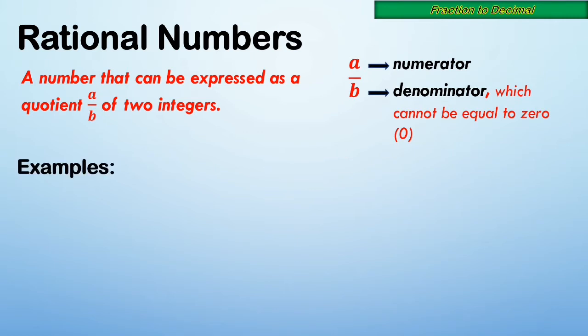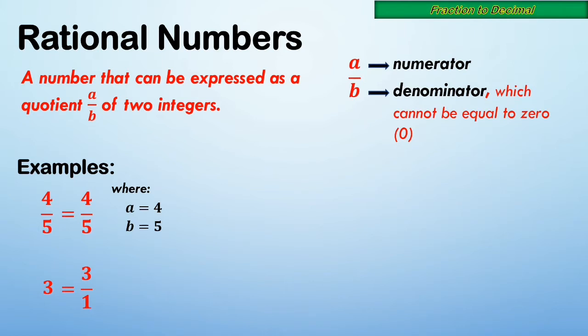Now, example of our rational numbers or a fraction, we have 4/5, where a is our 4, which is the numerator, and b is 5, which is our denominator. And remember, our denominator is not equal to 0. Kapag maging 0 yan, then hindi siya fractions, hindi siya rational numbers.